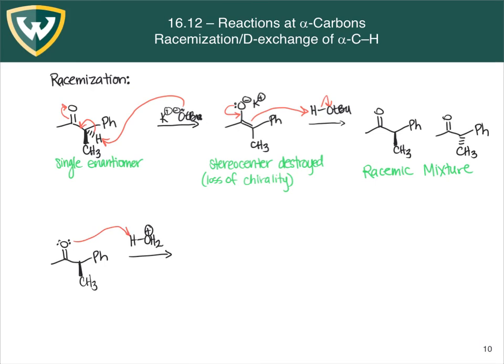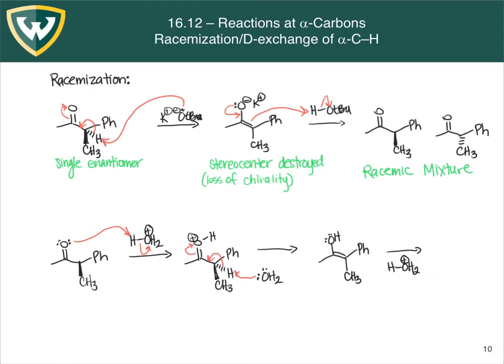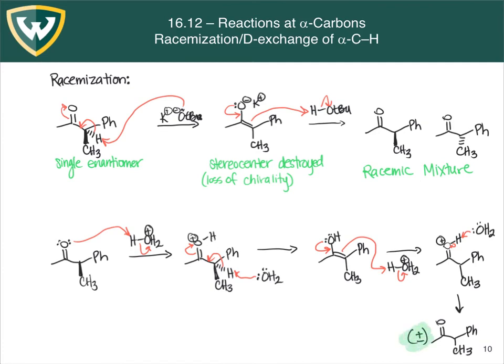This can also proceed through the acid catalyzed mechanism. And again, when we reprotonate, we do not have any control of the stereochemical outcome. And we again get the racemic mixture. That's what this symbol here means.